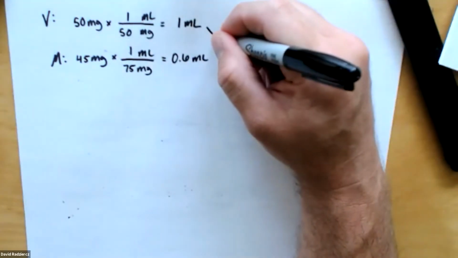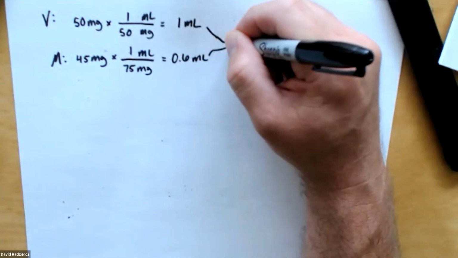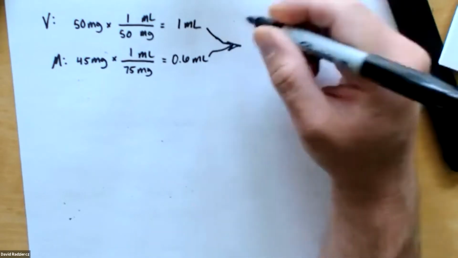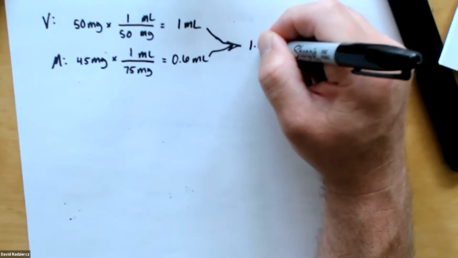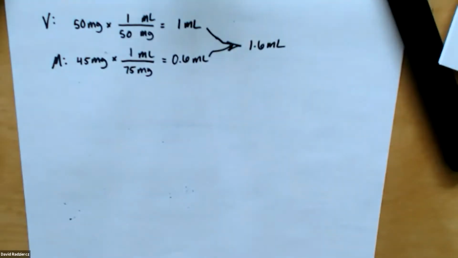Then I'm going to take these two and add them together, and I'm going to get 1.6 milliliters for the total injection. This is very similar to when you're mixing insulin, except they're not asking you about mixing anything and where you mark the syringe, but you would add the milliliters of one and the milliliters of the other, and get the total milliliters there.